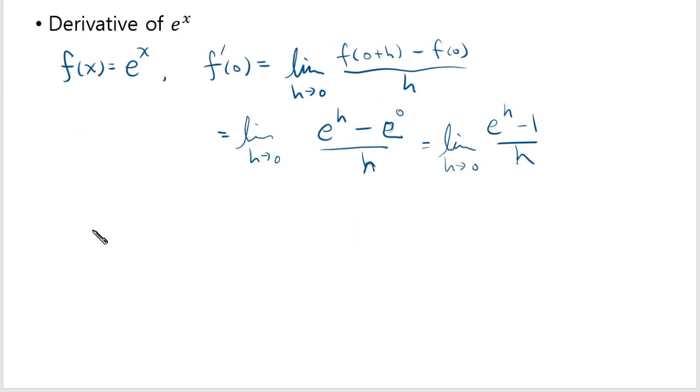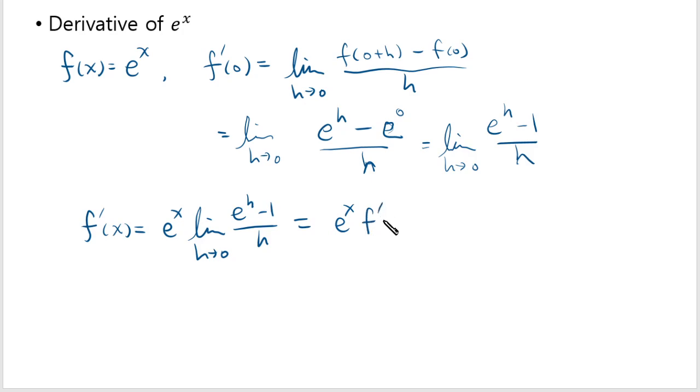So the conclusion here is that we don't know what that f prime of 0 is. Well, we know that f prime of x is e to the x times limit h going to 0 of e to the h minus 1 over h, which happens to be f prime of 0.